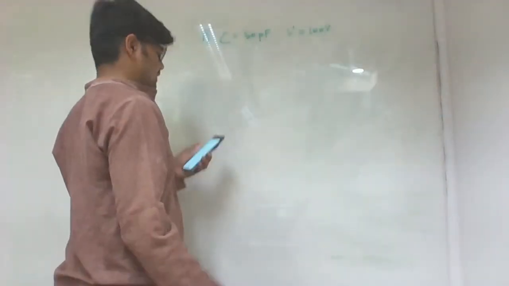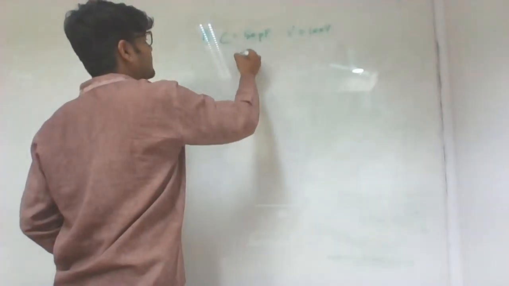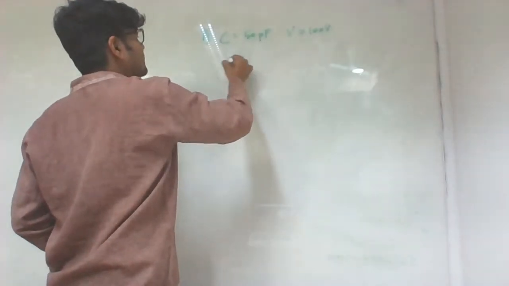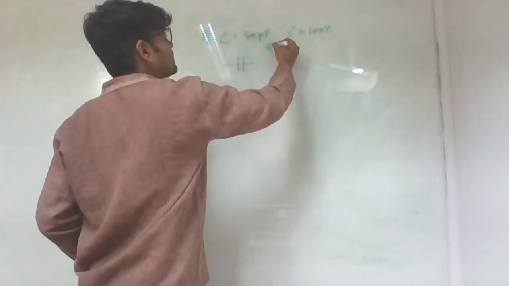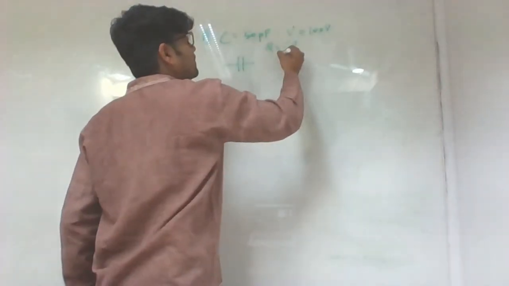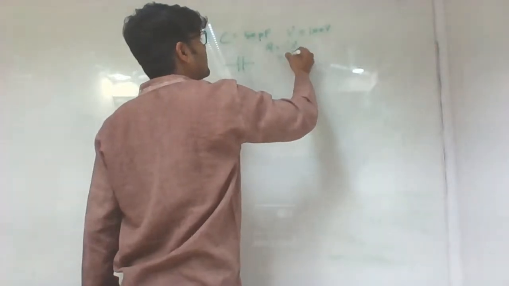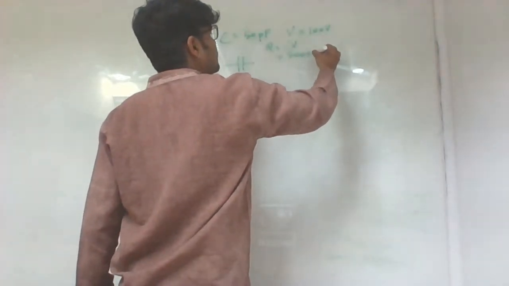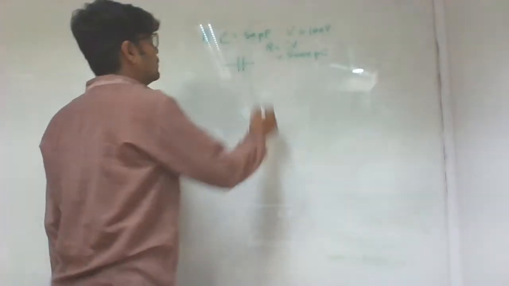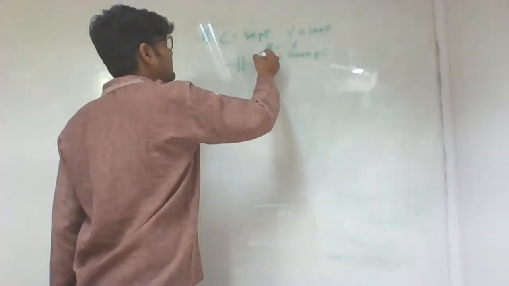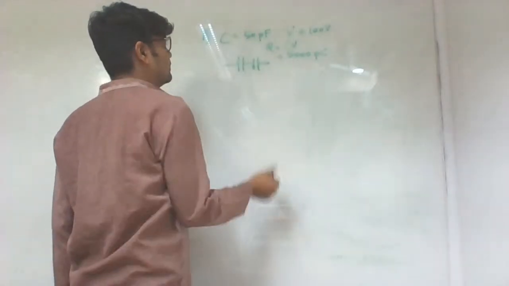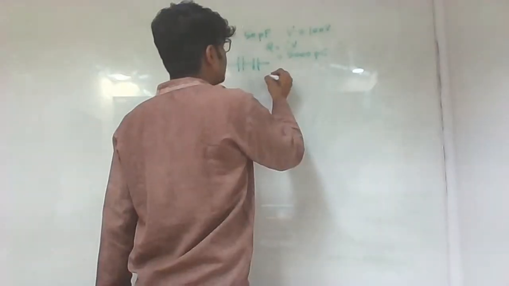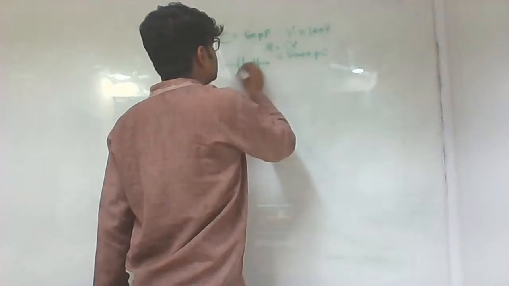So this is a capacitor, let's say. Now it is fully charged, so the charge on it will be CV, which is 5000 picocoulombs. Now it is connected to an uncharged capacitor, so there will be a charge flow, and they will come to a steady state only when the potentials become equal.